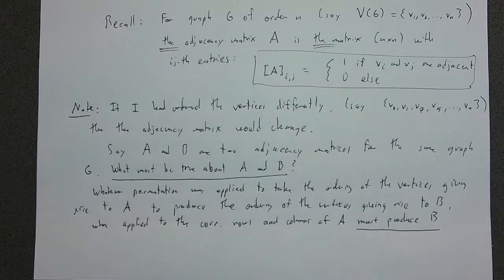Okay, and the fact that permuting these vertices is not in any way altering the connectivity of the graph. It's not altering the adjacency. This is literally just reordering what we are calling the first and second vertices, and so on. So that's the point, and that's how these adjacency matrices must be related.